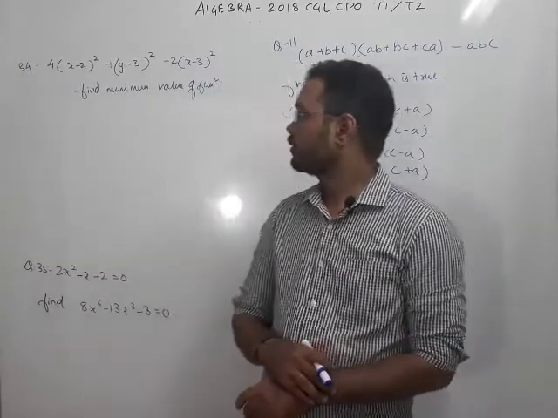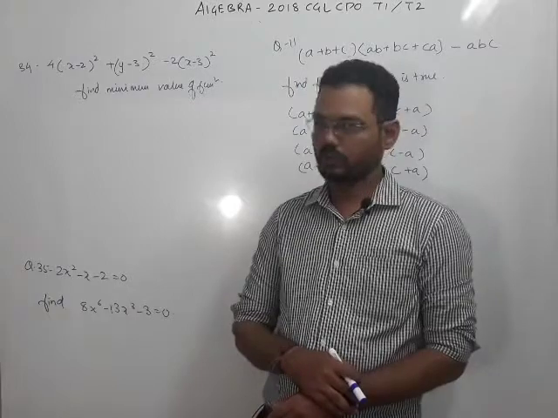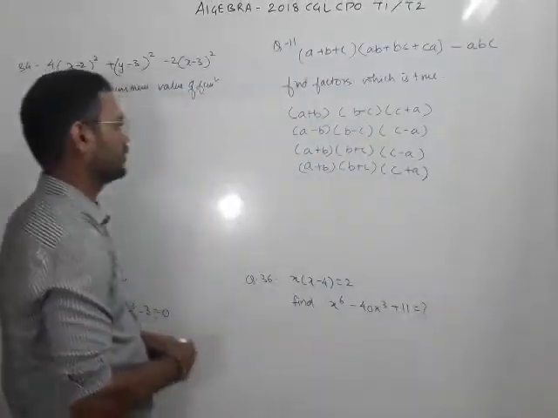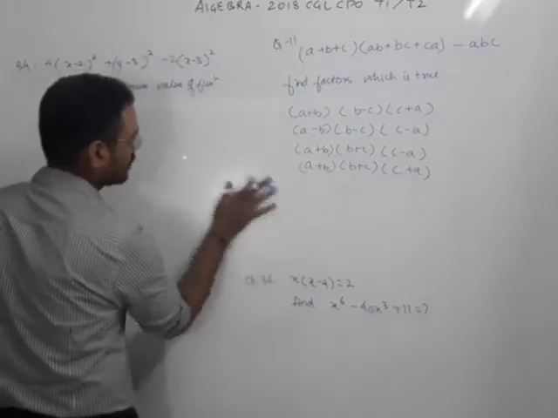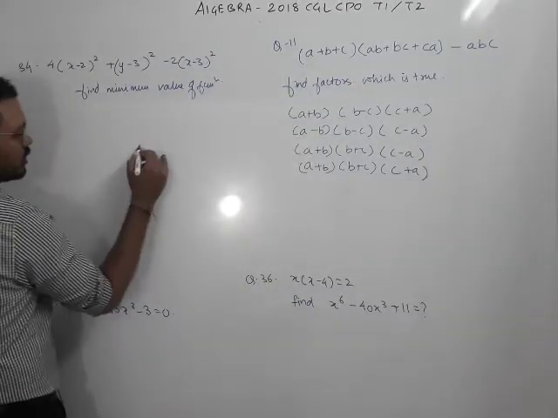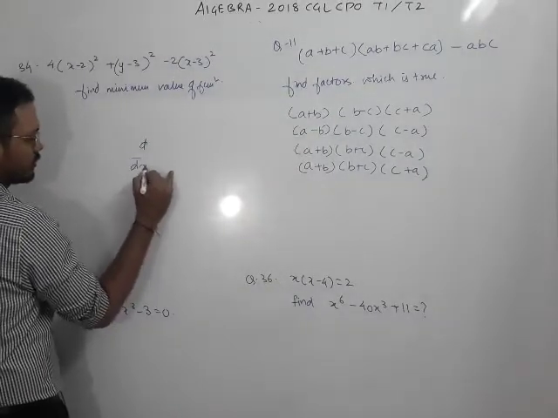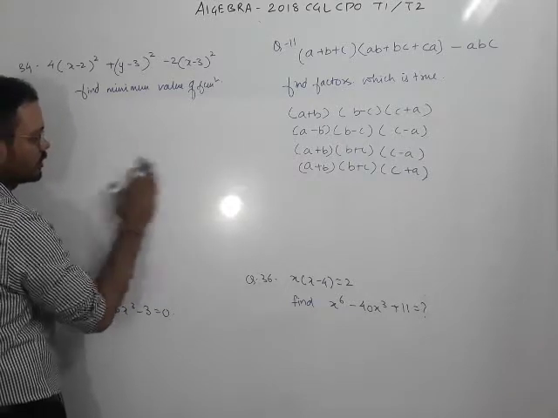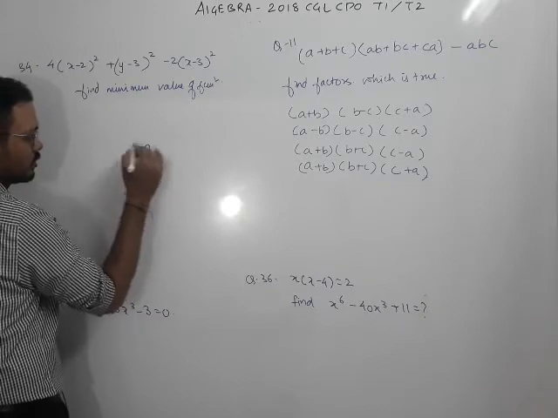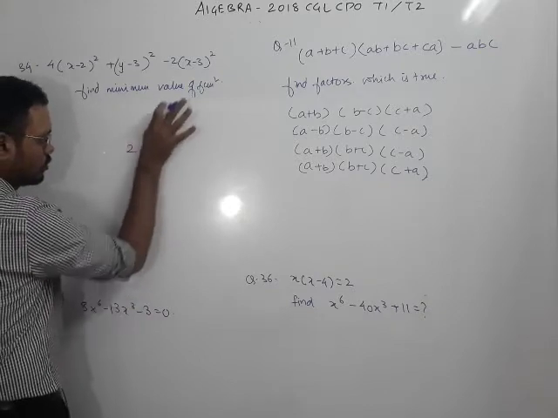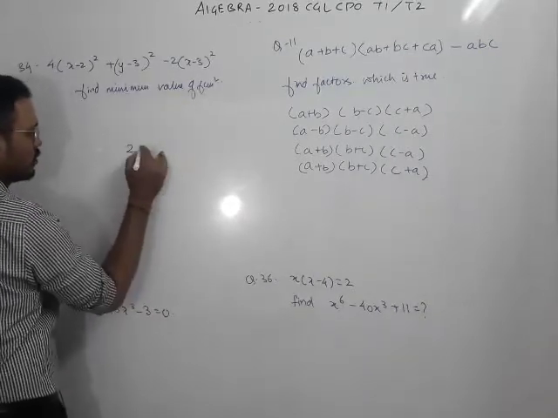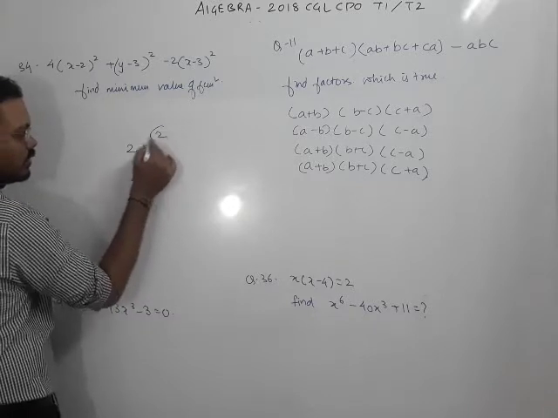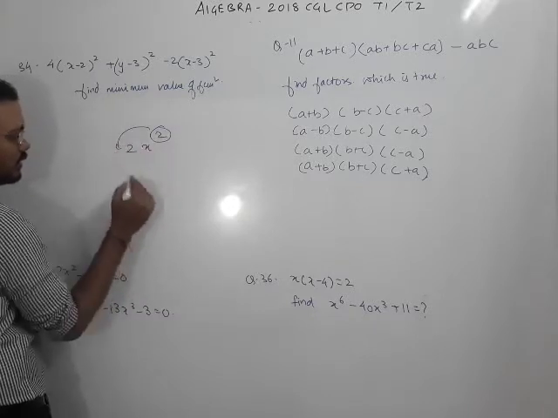In order to find the minimum value of a function or a given equation, we have to do the derivative. What is derivative? Or differentiation. d by dx, no rocket science. Differentiation simple formula is: for 2x square, the derivative of this is going to be this power gets multiplied.